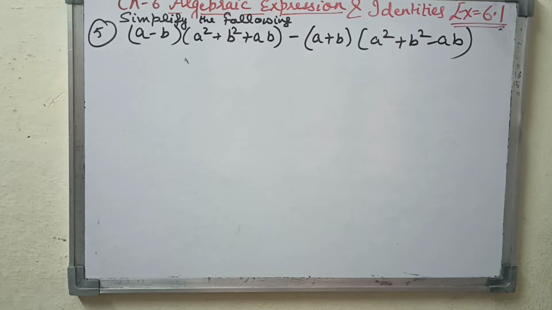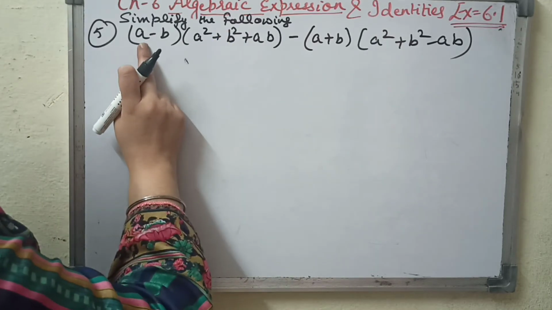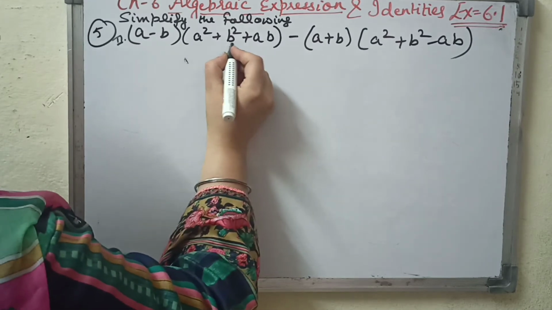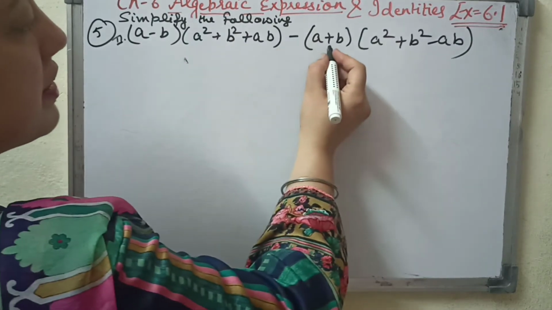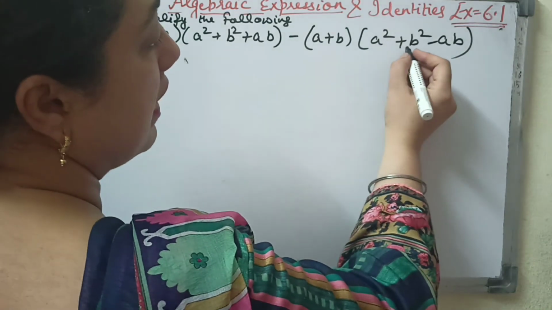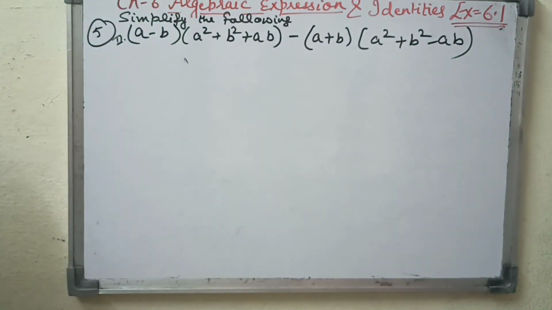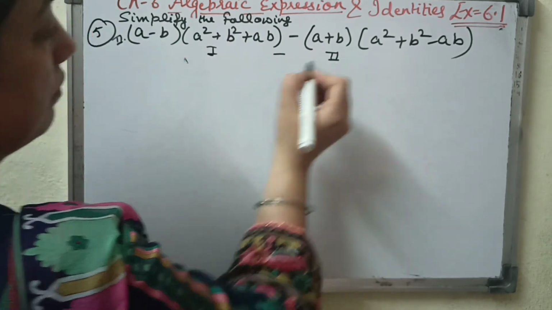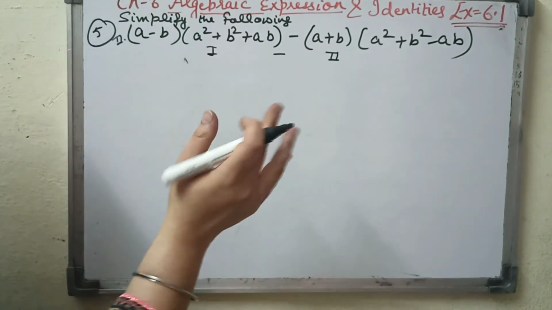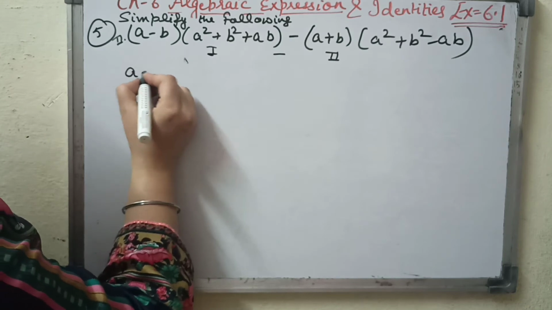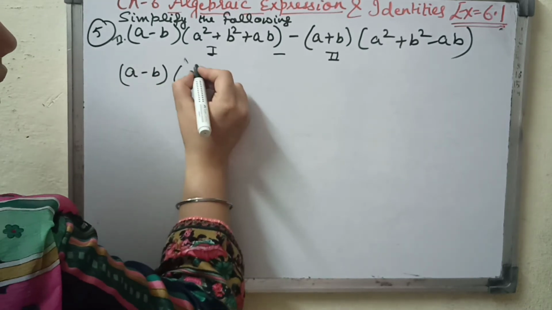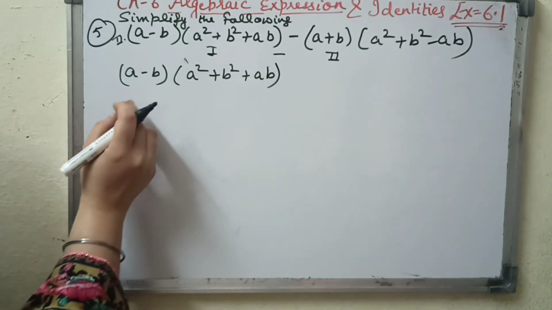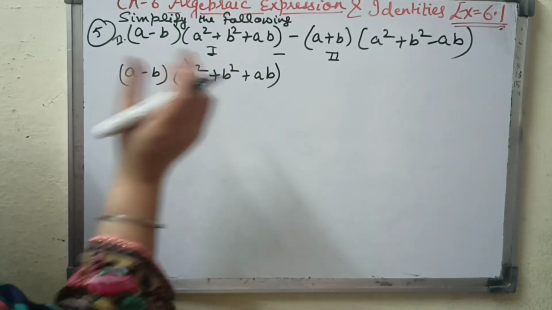Sum number 5 is simplify the following and the statement is a minus b bracket a square plus b square plus ab minus a plus b bracket a square plus b square minus ab. But there are two terms, that is first term minus second term. I simplify both the terms separately. First term I will take a minus b, a square plus b square plus ab. Now this is binomial and this is trinomial.